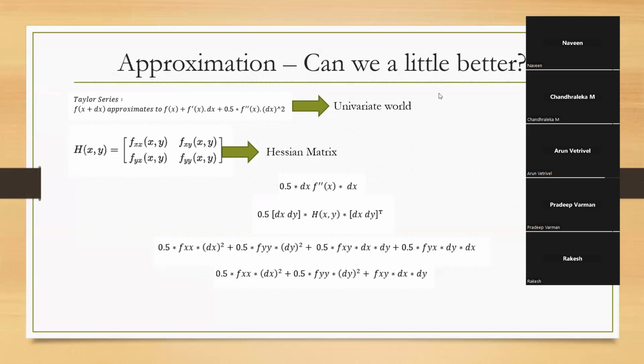Let's see. No, I think we lost him. He's not there now. All right. Okay. Anyone else apart from Sanjay who has any questions so far?